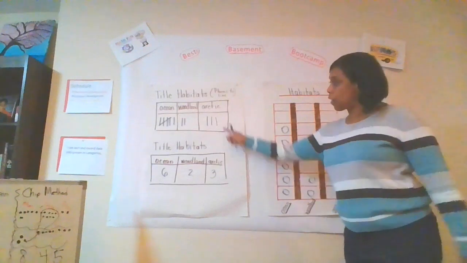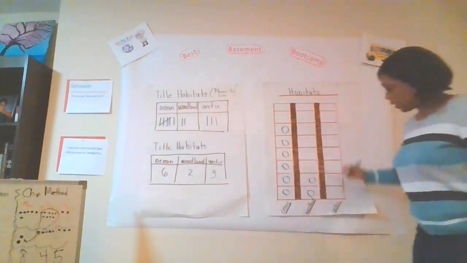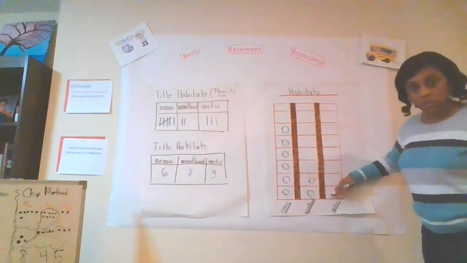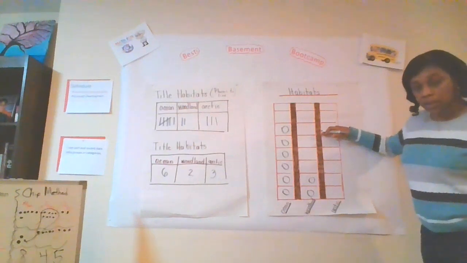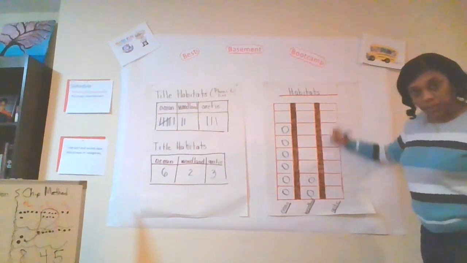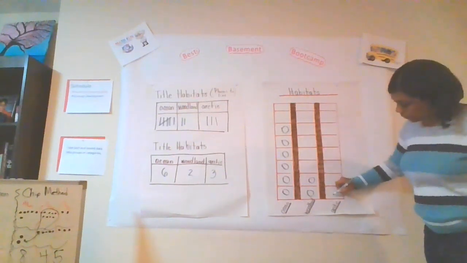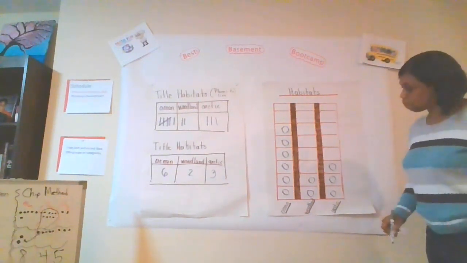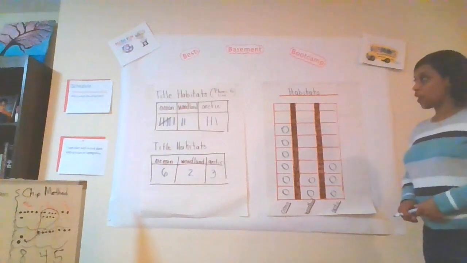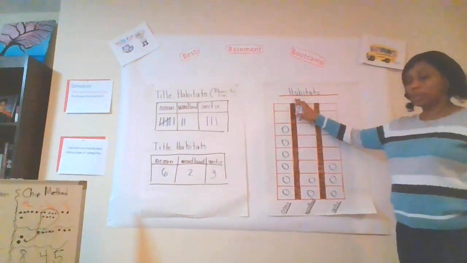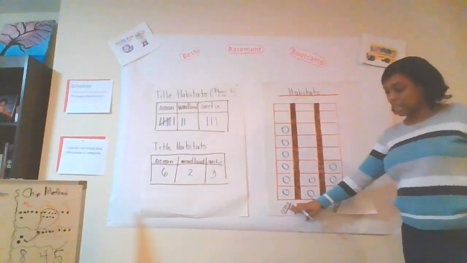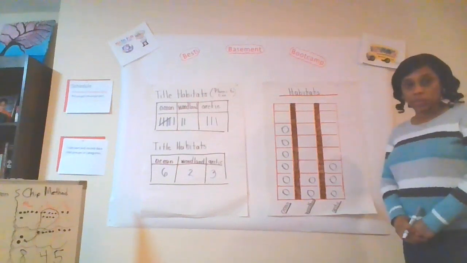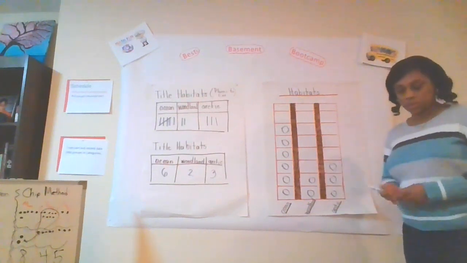How many did we have? We had 3. So we're going to draw 3 circles, starting from the bottom and going up vertically. 1, 2, 3. So our picture graph has a title, habitats. It has labels, where the different animals live, and it also has pictures.